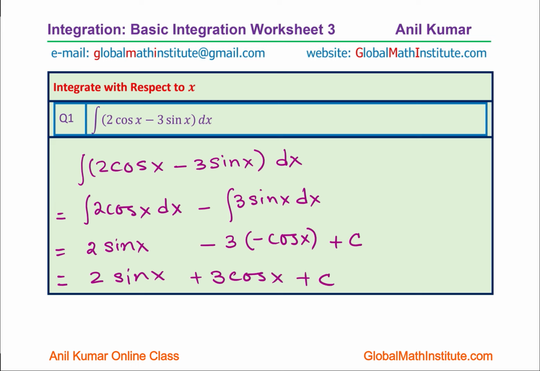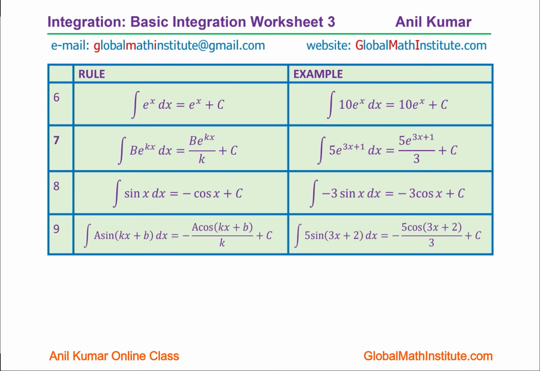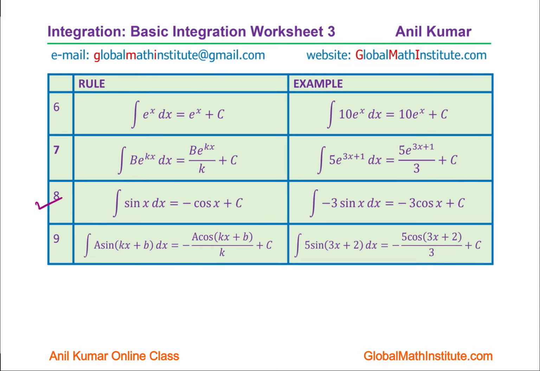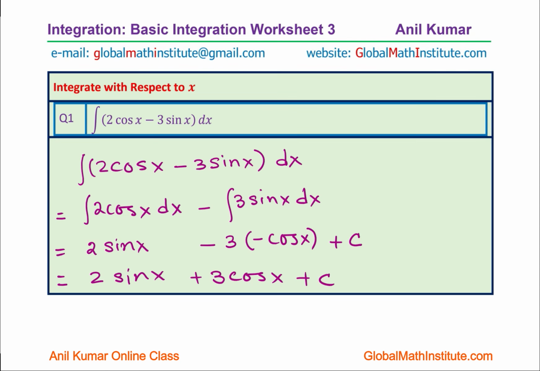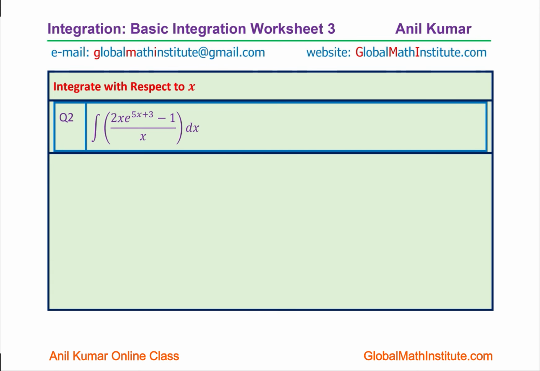So that is the answer for question number 1. So I hope it is simple, straightforward. We simply applied the rule, correct? So we applied the integral of sin x and also integral of cos x formula to get the solution for question number 1.